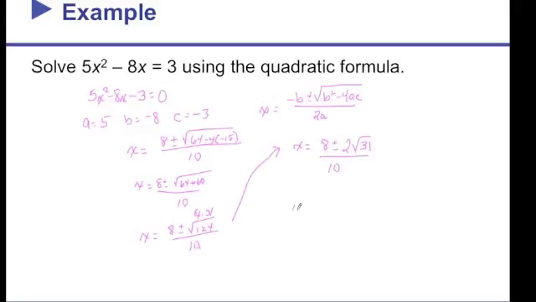So I can factor out a 2, and x equals 4 plus or minus the square root of 31 all over 5. Notice I was able to take my 2 out of all three terms. It must go into all three terms to be able to simplify and find out that this is my solution.